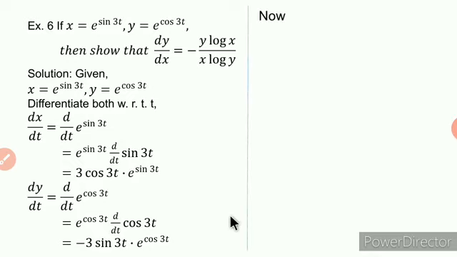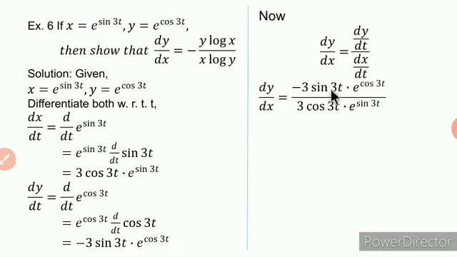So we have dy by dx is equal to dy by dt divided by dx upon dt. Now put the corresponding values. So we get dy upon dx is equal to minus 3 sin 3t into e raised to cos 3t divided by 3 cos 3t into e raised to sin 3t. Now we call this as relation number 1.